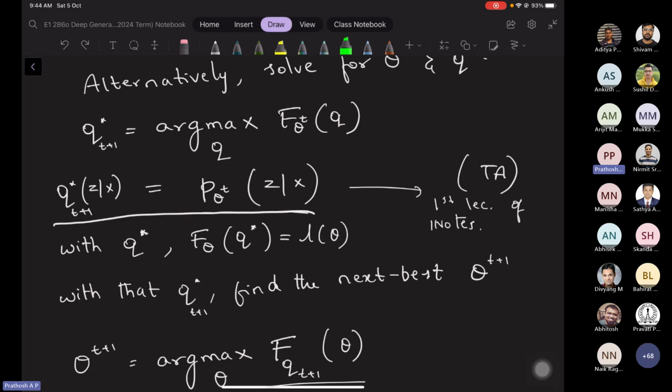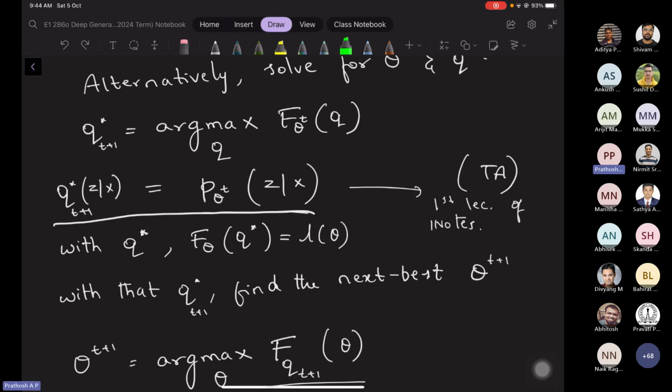So this is an algebraic proof. But what is important is that I didn't do it in the class, and I don't want to do it in the class because in VAEs and diffusion models we will not use this, because in neural models we will not know what p theta of z given x is.